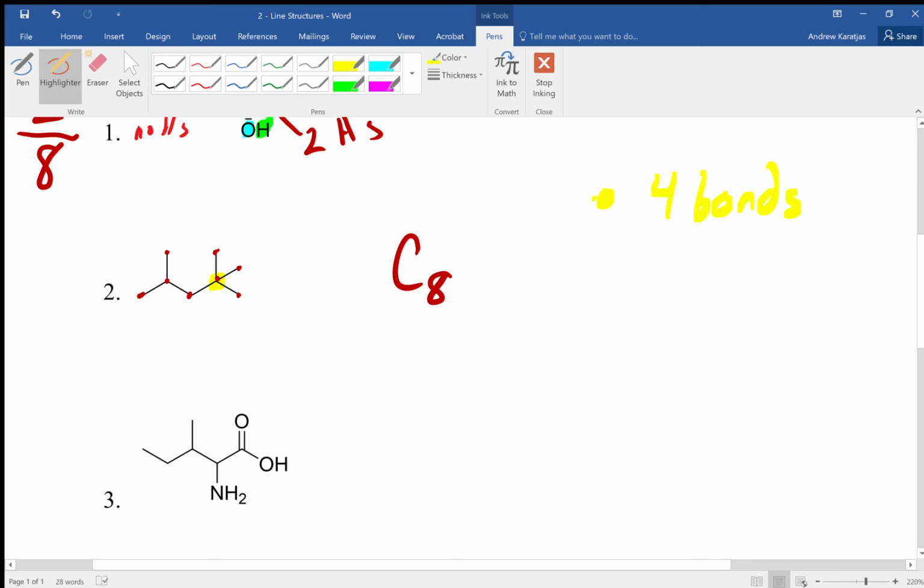And since it has 4 bonds, it has no hydrogens on it. Now, do we see any carbons that have 3 bonds? It's this one right here. That carbon has 3 bonds. Or we should say 3 bonds that are drawn in, which means the 4th bond has to be to a hydrogen.